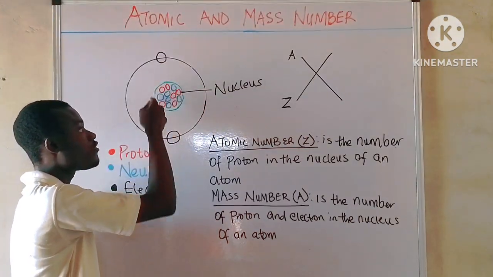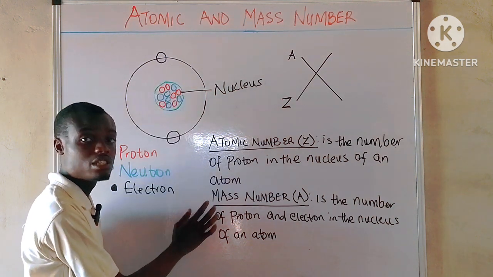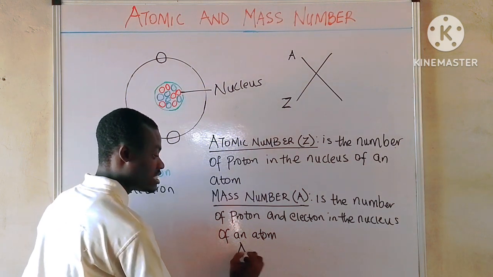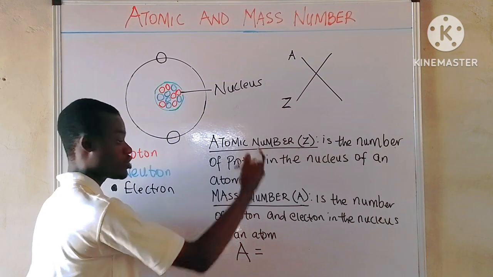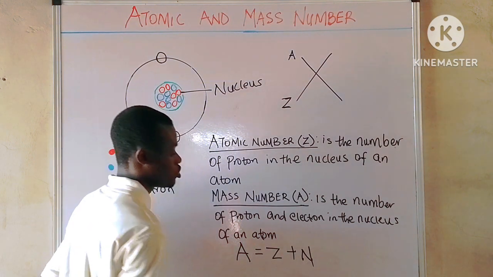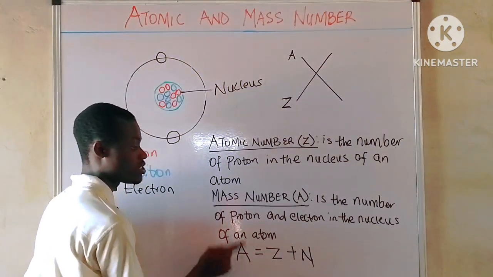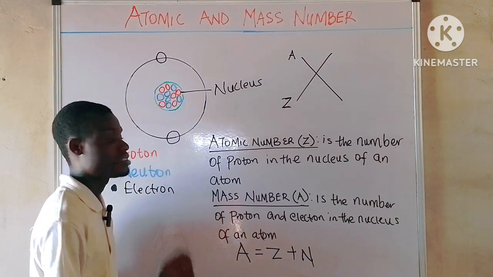The sum of all these subatomic particles within the nucleus is what we call the mass number. So in essence, the mass number A is equal to the number of protons, which is also the atomic number Z, plus the number of neutrons. So when we add up the number of protons plus the number of neutrons, it will give us the mass number for that particular atom.